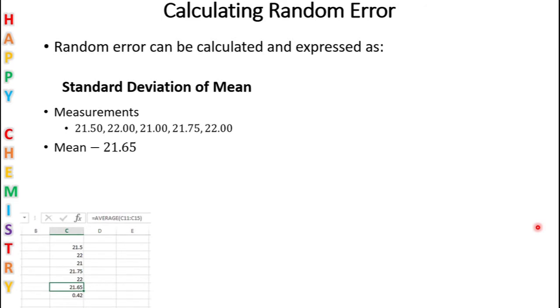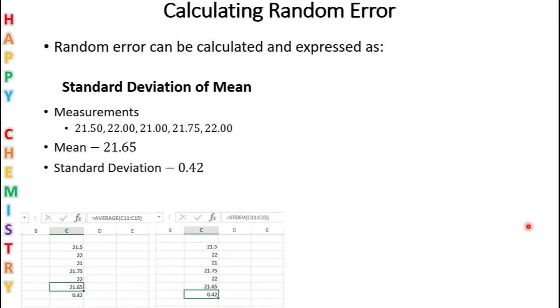Mean or average can be calculated in Excel as shown using the function average. Calculated mean is 21.65. Standard deviation can be calculated using the function stdev.